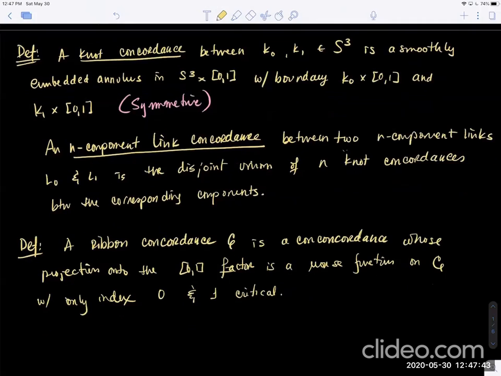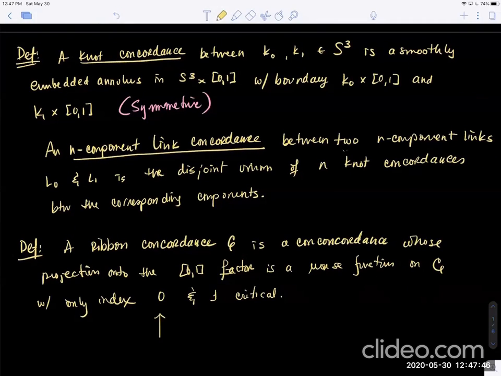If you don't remember what that means, all this is telling you is that your concordance is really just going to have local minima and local maxima. Oh, sorry, let me say, saddles.